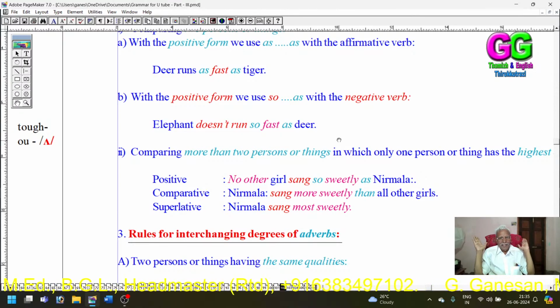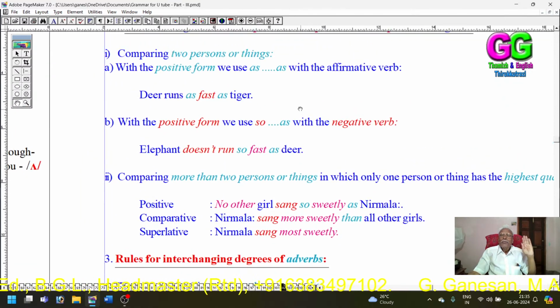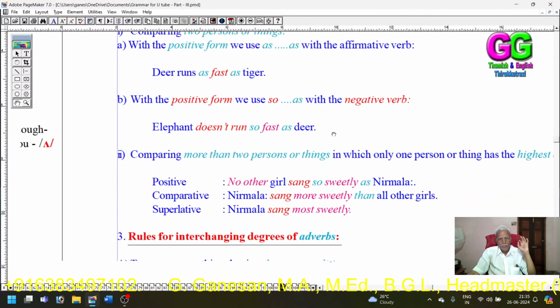Elephant cannot run as a tiger does, but a deer can run as a tiger does. So that's to compare two persons having the same qualities and two persons having different qualities. The scales used are as and so.